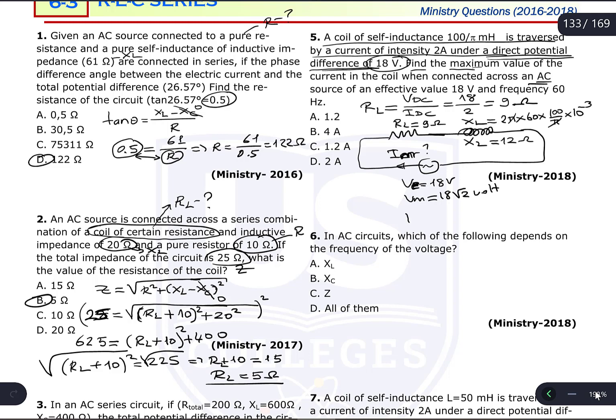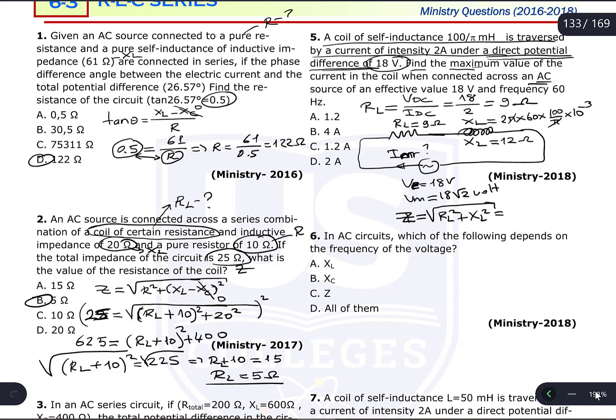Then to calculate electric current, I need to calculate Z because this coil is not pure. So I'm going to use the Z equation, which is the square root of RL squared plus XL squared.